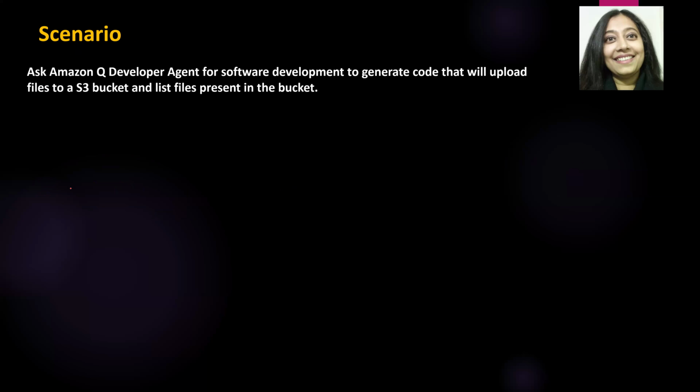Scenario for our lab today. We will ask Amazon Q Developer Agent for software development to generate code that will upload files to an S3 bucket. And after it has generated code to upload files to an S3 bucket, then we will request it to generate code to list files that are present in our bucket.